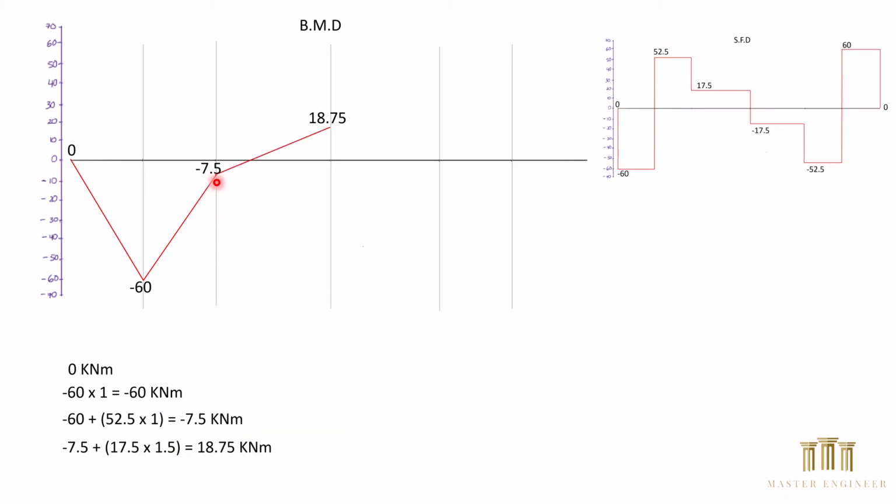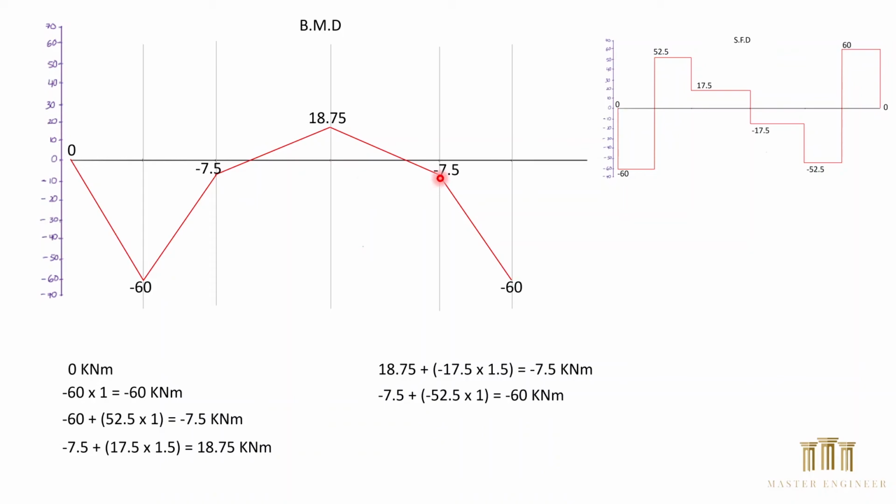From the minus 7.5, we have 17.5 multiplied by the distance, 1.5 meter, and that's positive, equal 18.75 kilonewton meter. From positive 18.75, we have minus 17.5 multiplied by the distance, 1.5 meter, equal minus 7.5 kilonewton meter. So from 18.75, we draw a straight line to this point, which is minus 7.5 kilonewton meter.